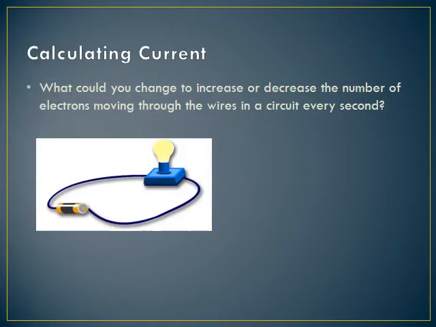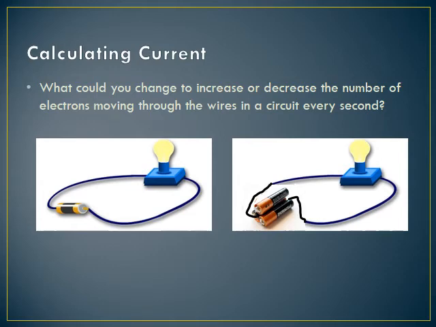So if we want to calculate current flowing through a circuit, what is one of the things we could do to increase the number of those electrons moving through the wires in a circuit each second? Well, one of the things I could do is I could add more batteries to this circuit.